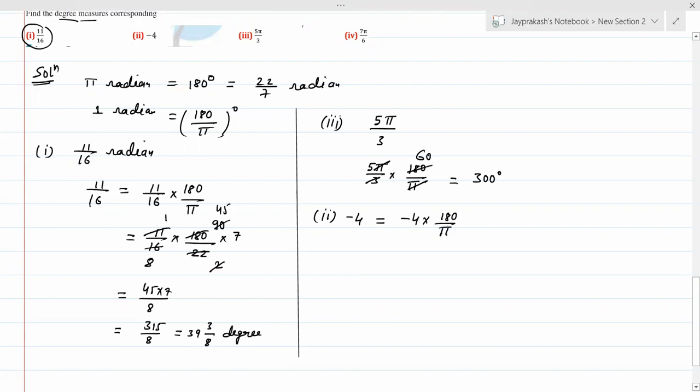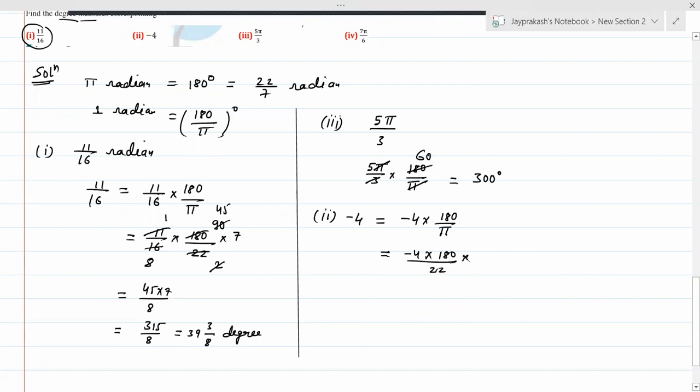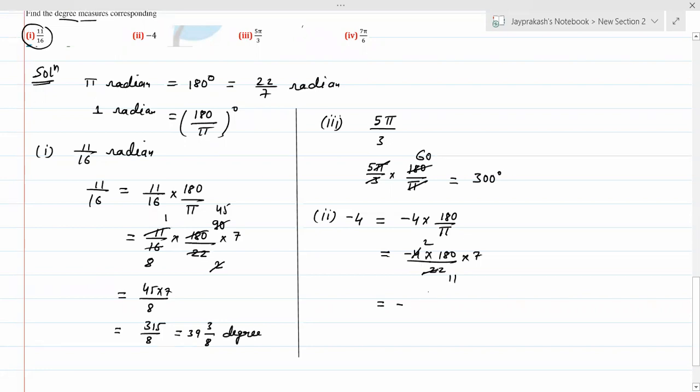Now the value of pi is 22 by 7, so 22 is in the denominator and 7 is in the numerator. 2 elevens are 22. Now you can check it is not divisible. So when you multiply it, you will get minus 180 into 14, and finally 2520 upon 11.